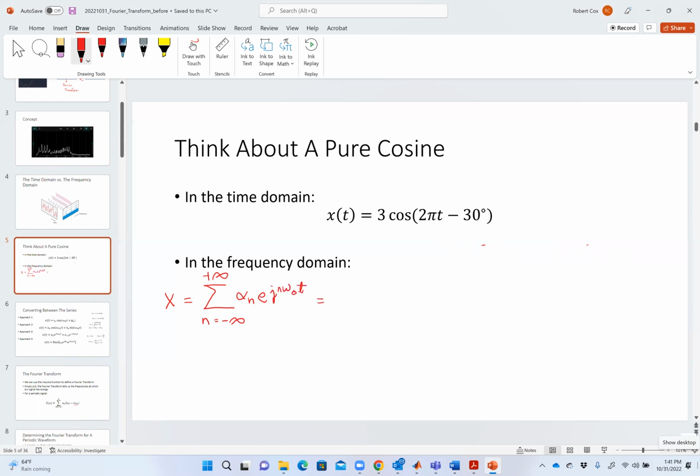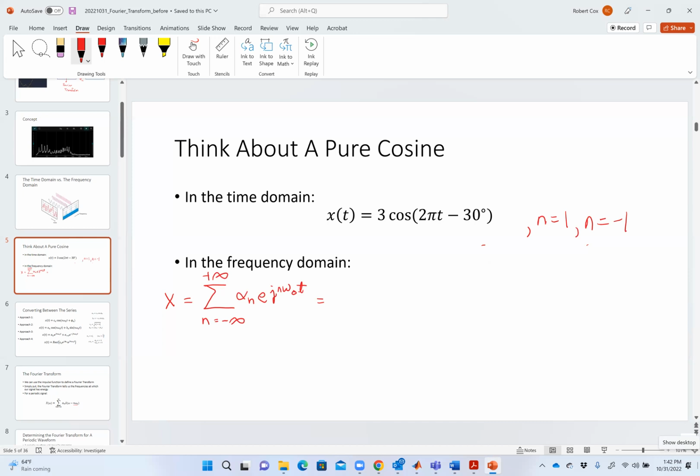This says x can have an infinite number of harmonics, but it doesn't have to. In this case, how many harmonics does 3 cosine(2 pi t minus 30 degrees) have? Two. In this form of the series, one at n equal 1, and the other at n equal minus 1.